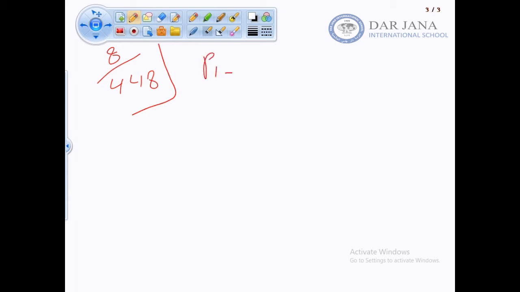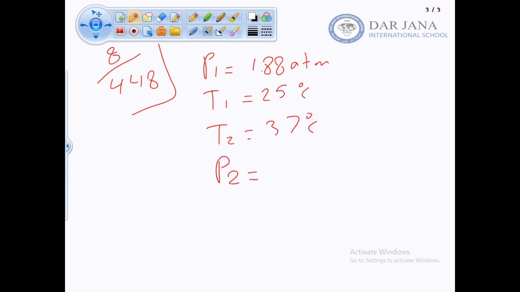So P1 equal 1.88 atmosphere. The temperature is T1 equal 25 degrees Celsius. What will be the pressure if the temperature increases to 37 degrees Celsius? What will be the P2?